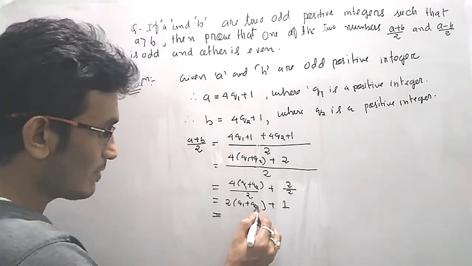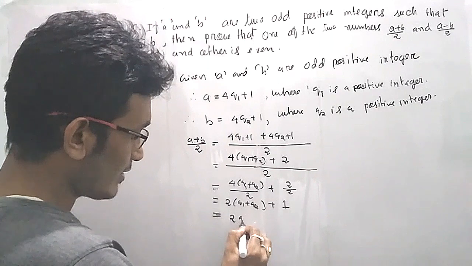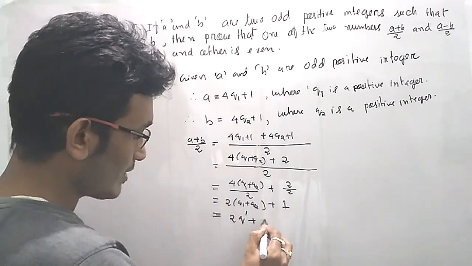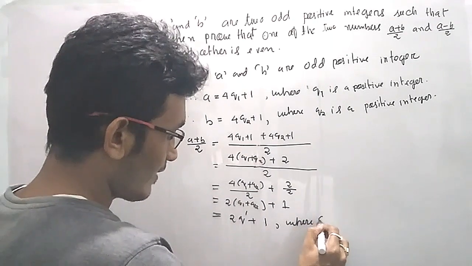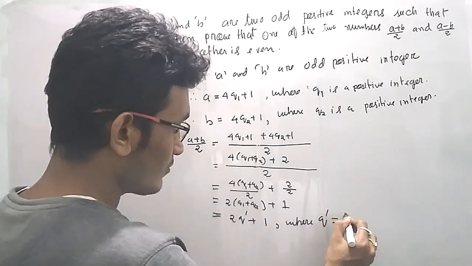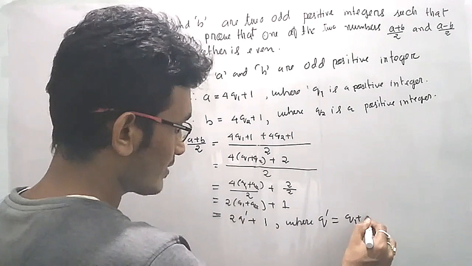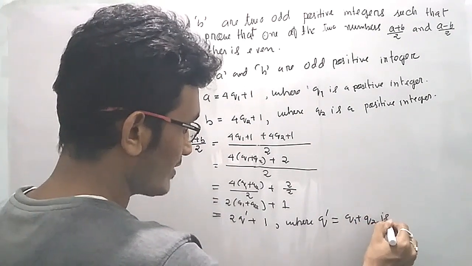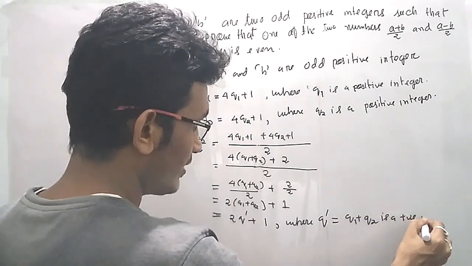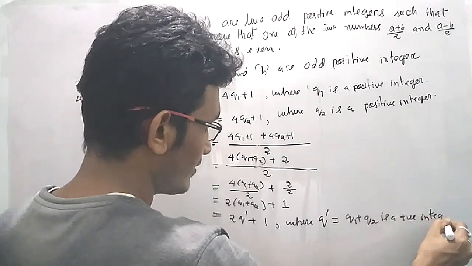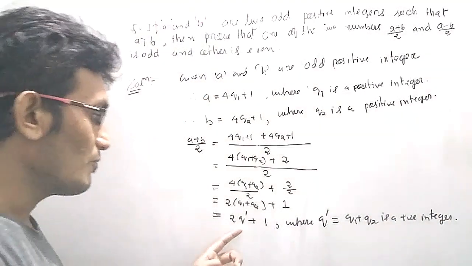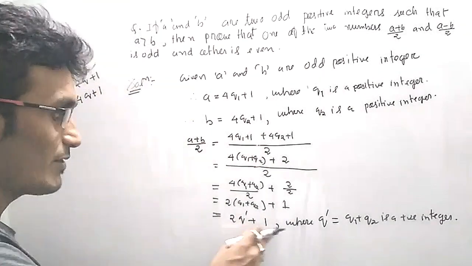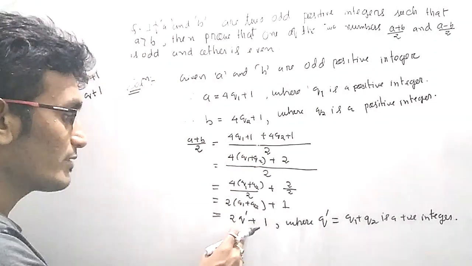So 2(q1 plus q2) plus 1 we can write as 2q dash plus 1, where q dash equals q1 plus q2, a positive integer. But 2q plus 1 is an expression of odd positive integers.